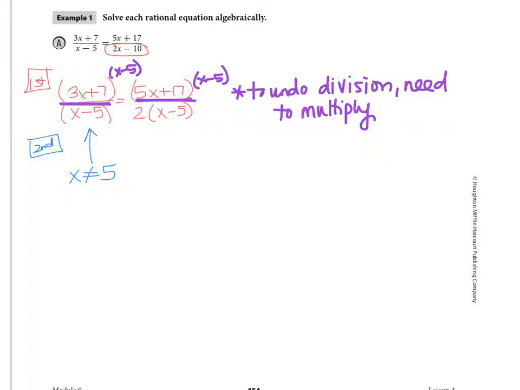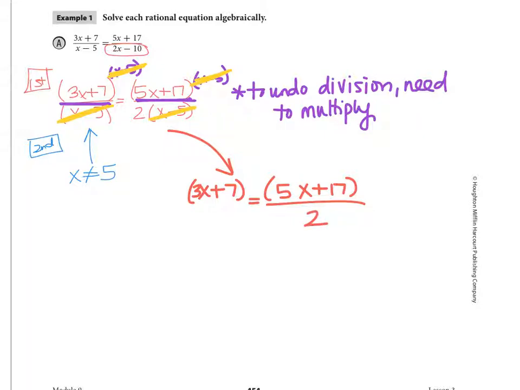Remember that the whole point of that was to undo the division. So the x minus 5 cancels there, and it's going to cancel here. So I'm going to rewrite what I've got left. I know this is going to kind of look weird, I'm working in a weird order. So now I have 3x plus 7 equals 5x plus 17 all over 2.